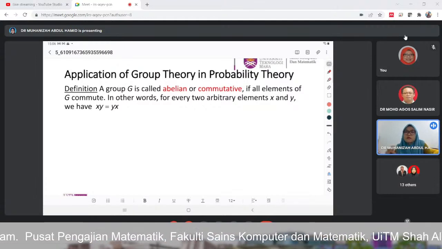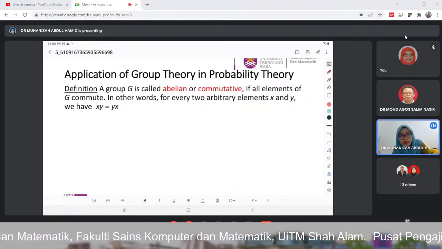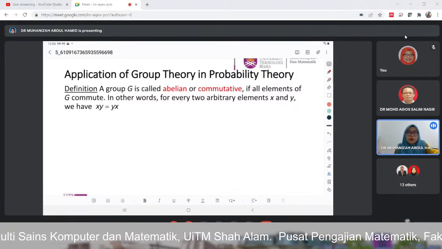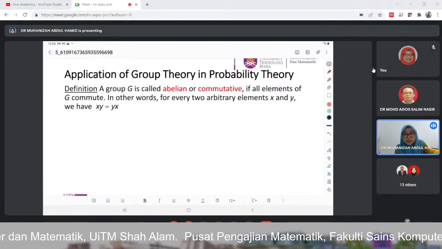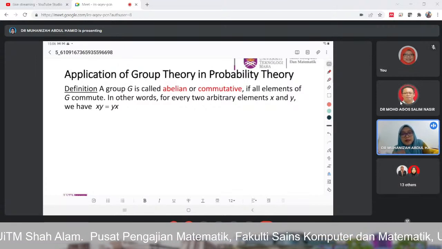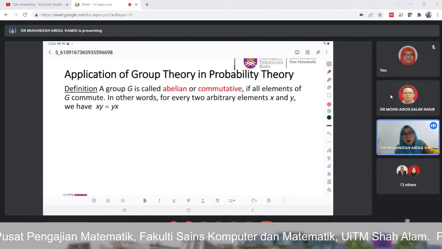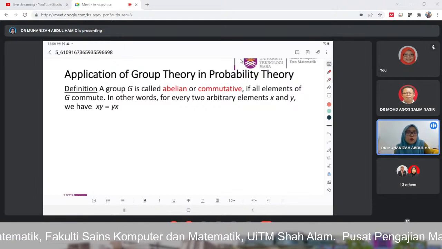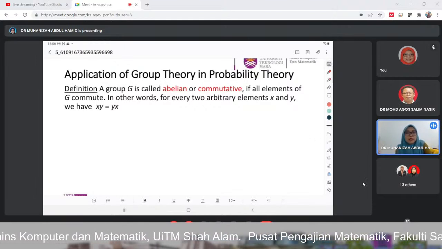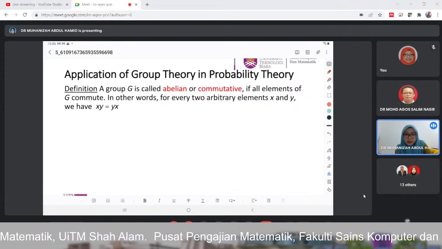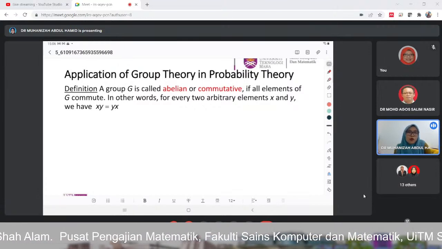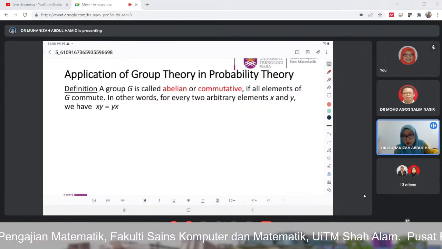Meaning that if you take any two arbitrary elements, X and Y, and you apply the operation of G, let's say X times Y, it is equal to Y times X. But the operation is not necessarily multiplication. It can be any other operation. It depends on what operation is in the group itself.